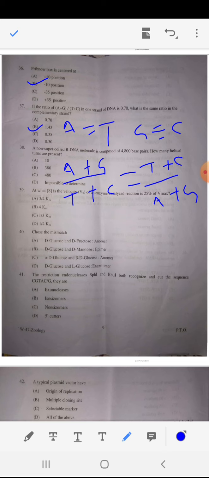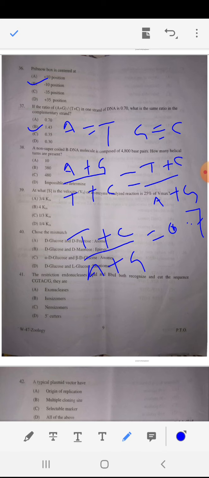That means T plus C by A plus G in the complementary strand is also 0.7.